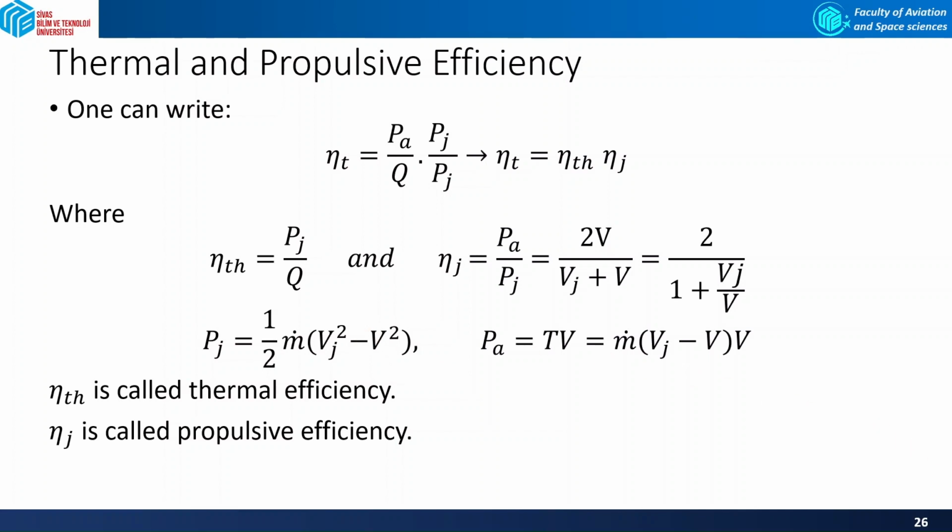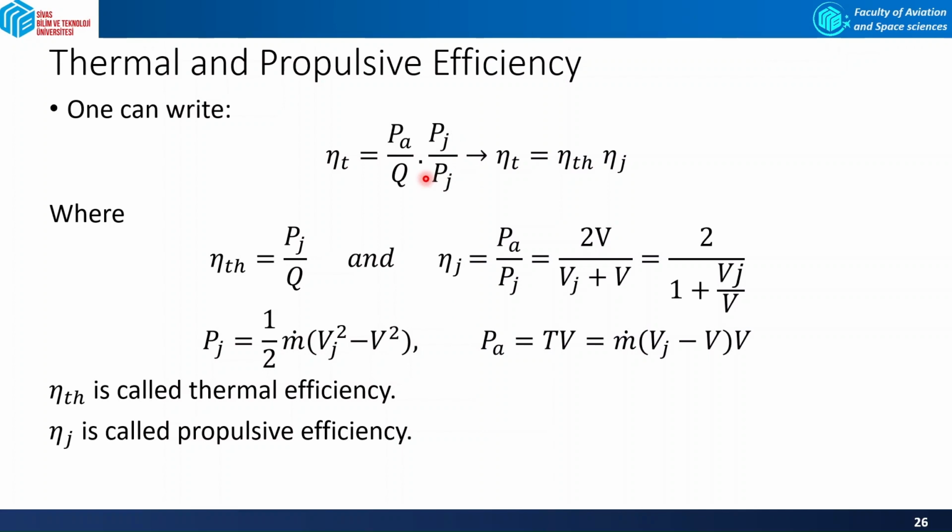So if we look back at the total efficiency equation, you can also express it as the power available divided by this thermal power Q. Here you do a little trick: in order to separate different energy losses and to get more understanding of the physics behind this process, you just multiply and divide by the jet power Pj.